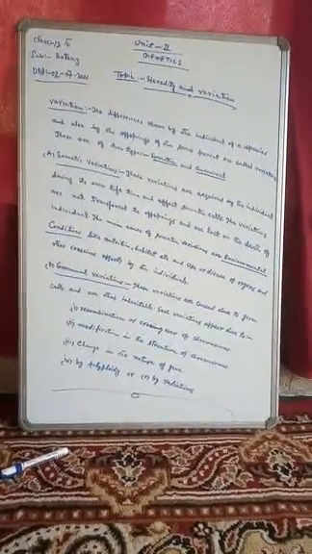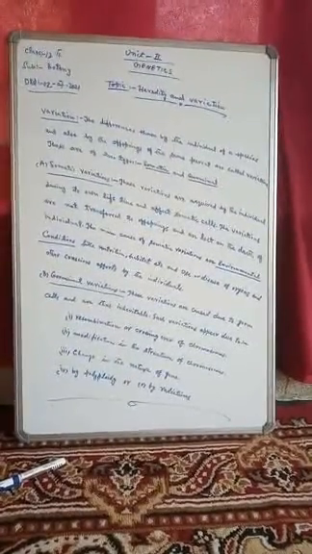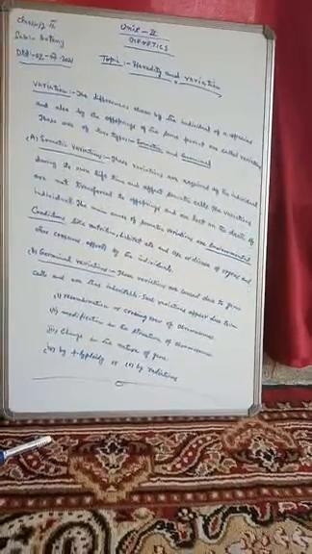We have discussed and defined heredity, and today we will discuss the second part of this question, that is variation. So first of all, we will define what is variation.